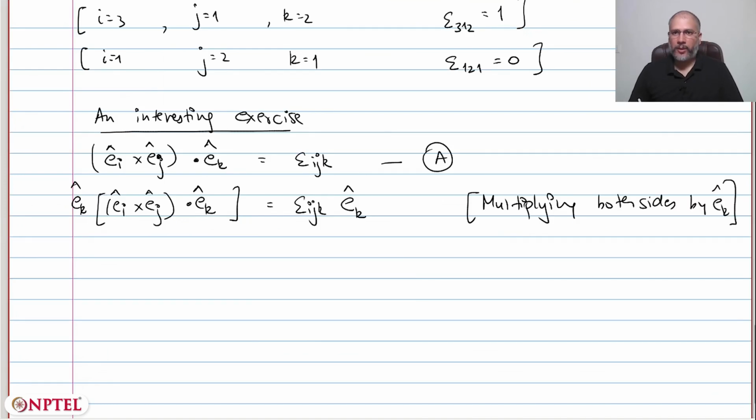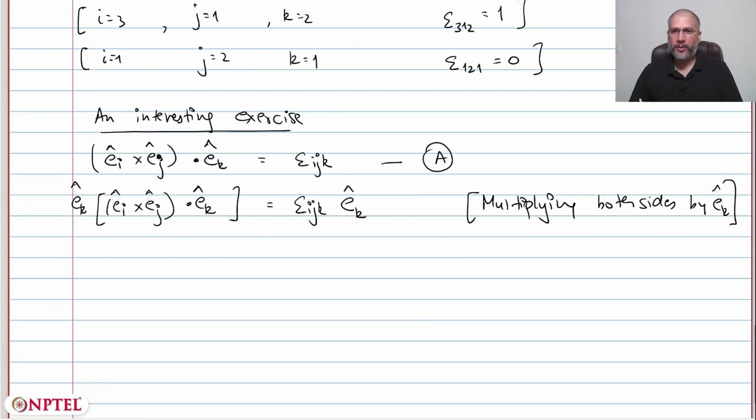Now the beauty of tensor algebra is that I've multiplied this with e_k, but now k is a repeated index, although earlier k was a free index. After this multiplication k becomes a repeated index, so I can expand using the summation rule. It's a little subtle to understand, but you will eventually get to it.